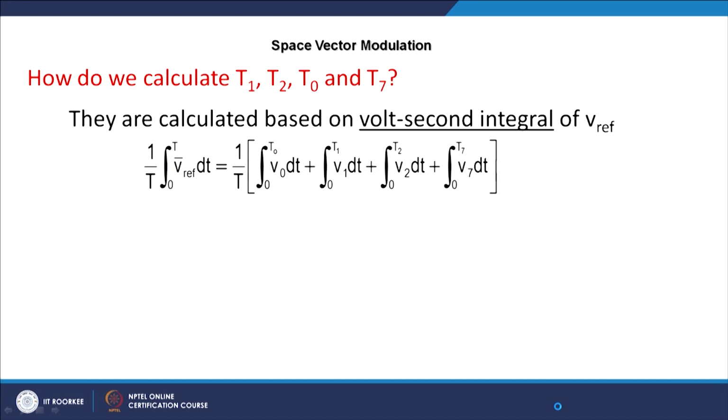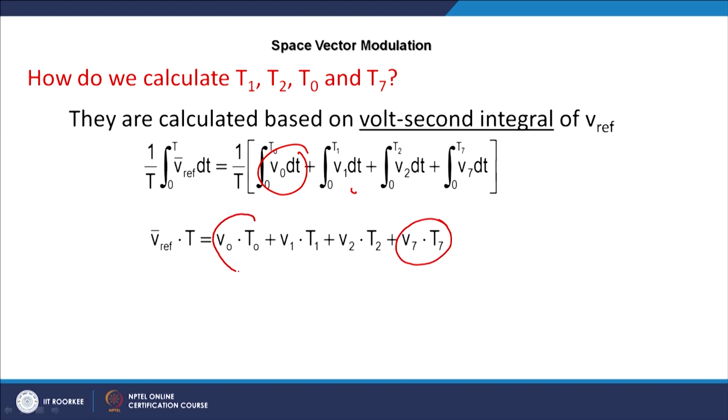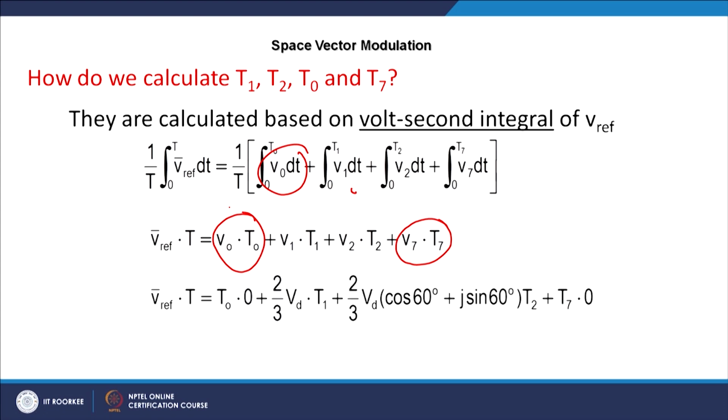Vref will be integrated from 0 to t, and that should be equal to V0 into dt, where you apply the null voltage. Here you apply V1 for the time T1 and thereafter V2 for time T2, thereafter again V7 for time T0. So, these two terms are essentially 0 because you have applied the null voltage, they are non-contributory.